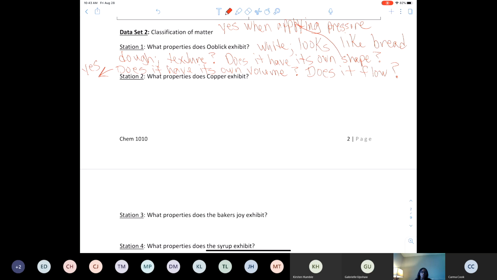And then moving on to station 2, copper. You can say it had an orange-brown color. It was shaped like ribbons or strings.